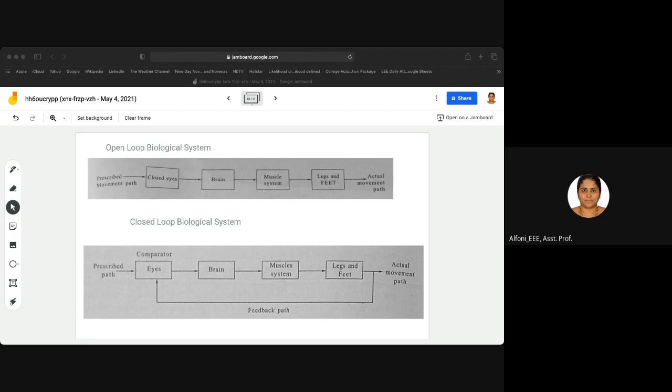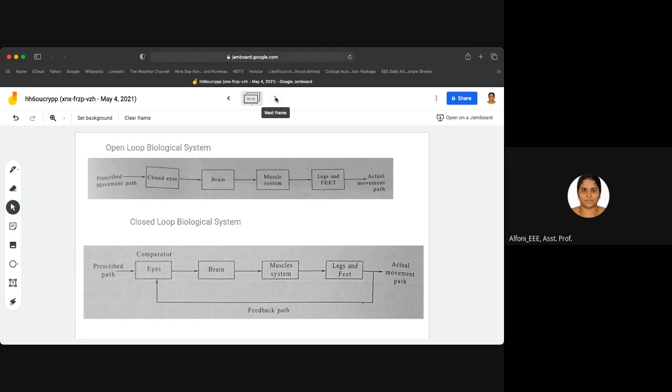So at every instant of time, the system output is compared with the desired movement through the eyes, thereby creating a feedback path between the output and the input. Here, the disturbances or changes in the output influence the input and thus the controlling process.